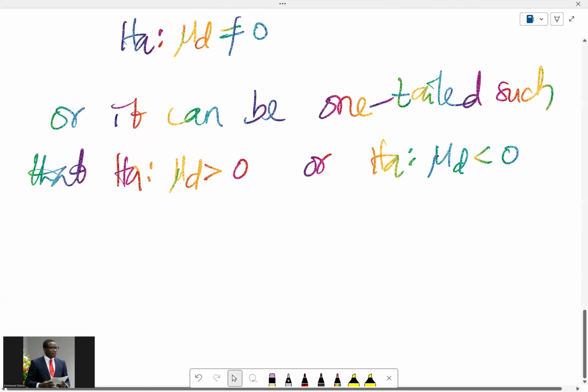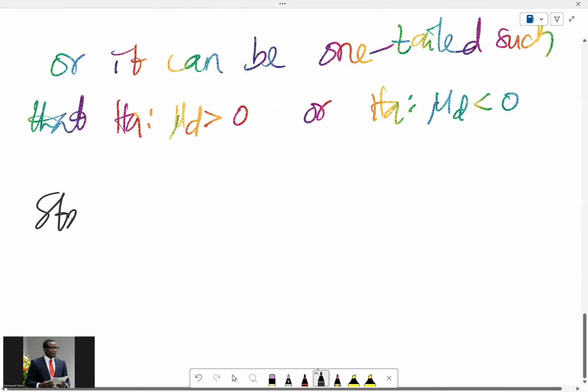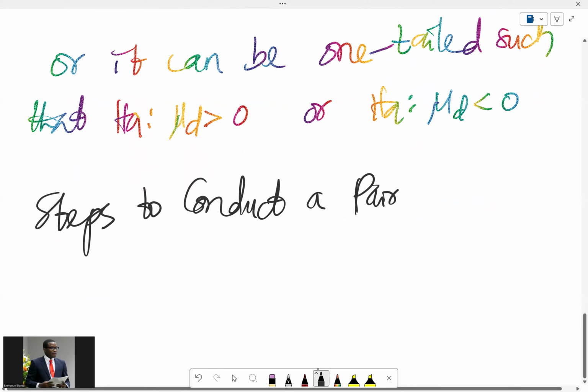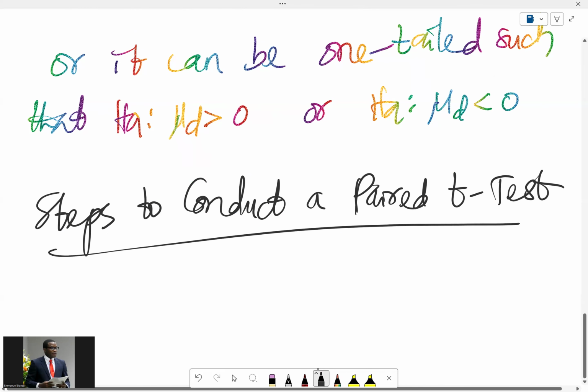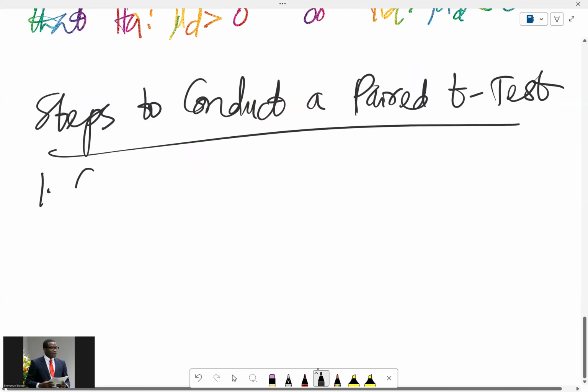The next thing is to talk about steps to conduct a paired t-test. First, you collect data, which you would mostly already have. If you're in an exam situation, you are presented the set of data.